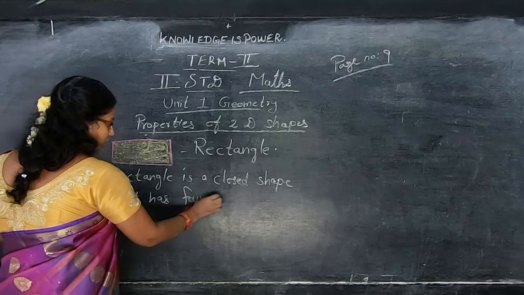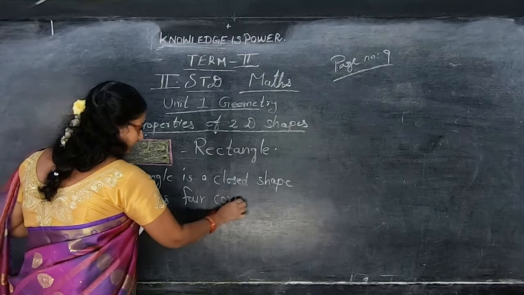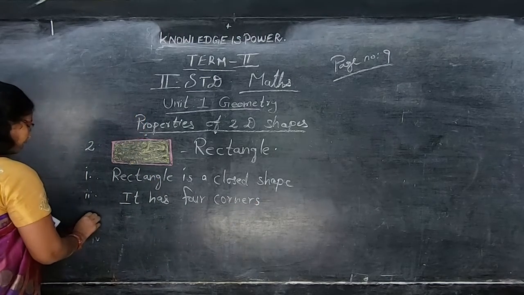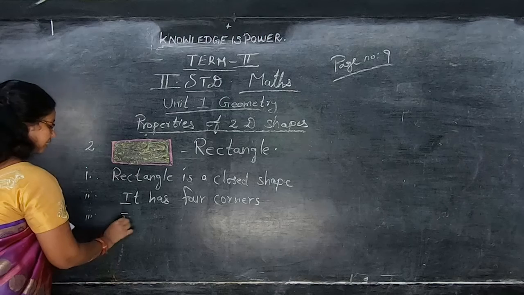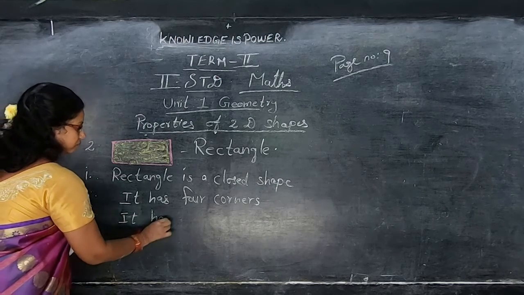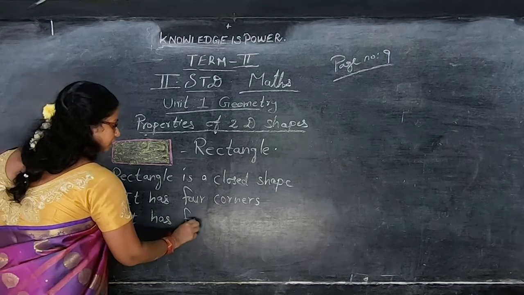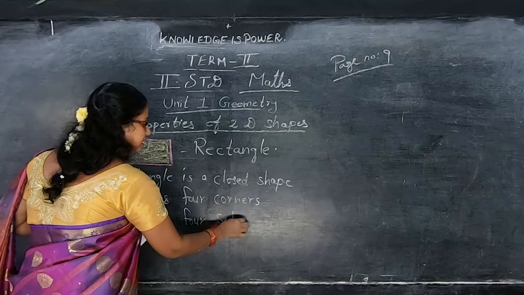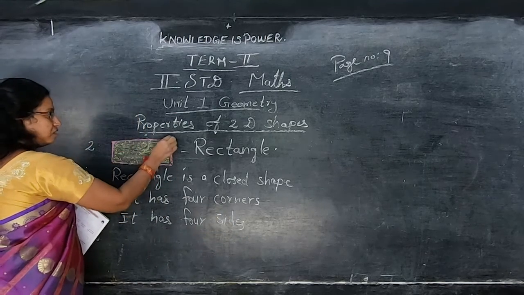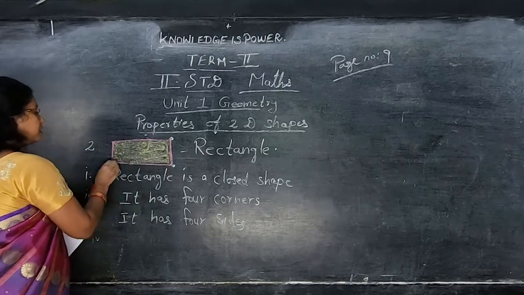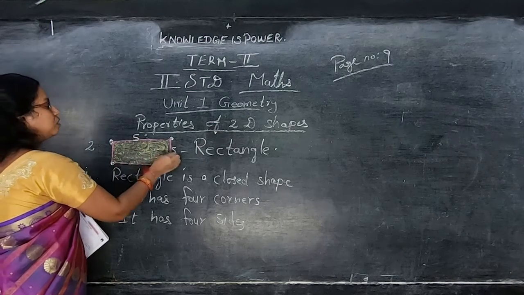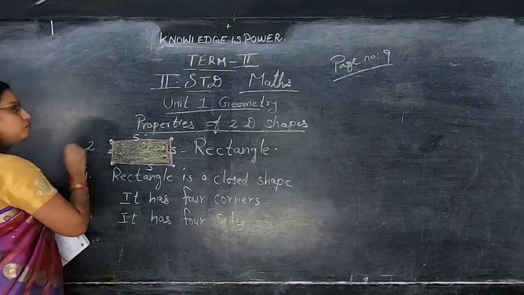Point number 3: it has 4 sides. See here, corner 1, corner 2, corner 3, corner 4. Sides: 1 side, 2 sides, 3 sides, 4 sides.